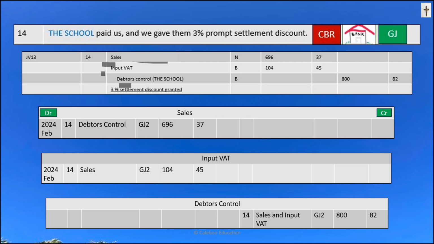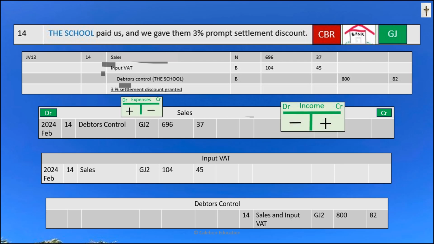So let's have a look at the reasons why the accounts were debited and credited. So sales, I'm going to see it like this. Sales is income. The income decreased because of the discount, and it decreased by the amount excluding VAT.